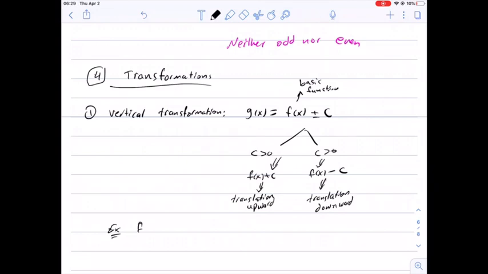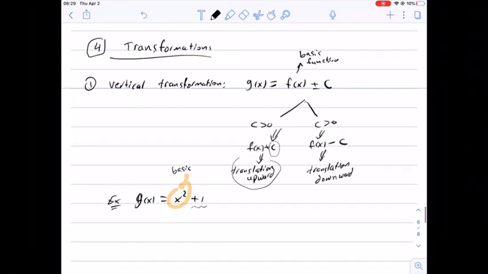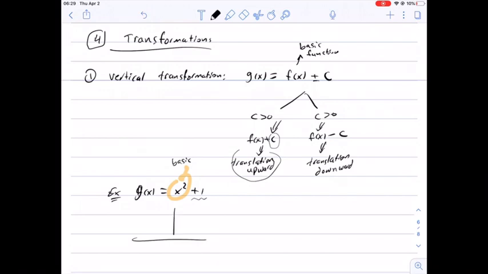For example, g of x equals x squared plus 1. X squared is the original function. This is the basic function. And we have 1 added to this. So if we add some positive constant, that means we have translation upward.